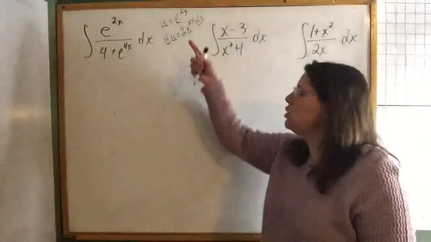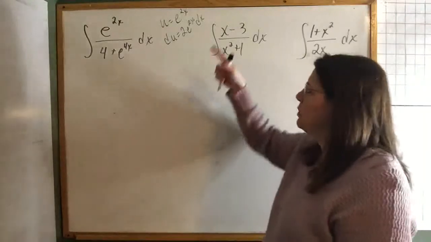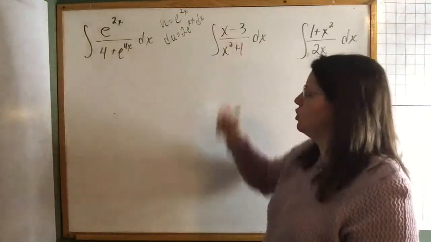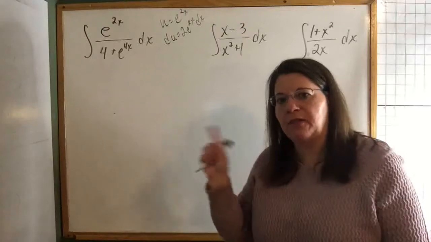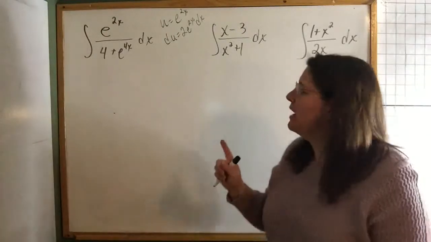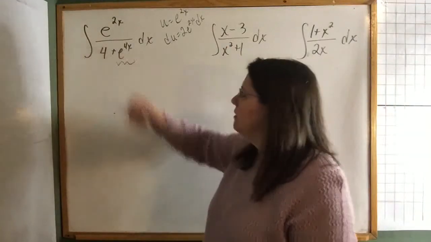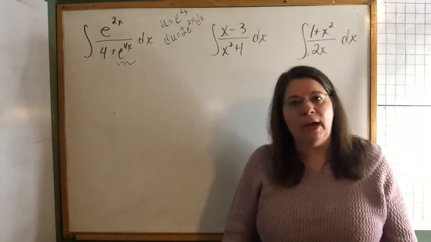I'm going to still let my u be e to the 2x, but I'm going to start thinking about this a little bit differently. If my u is e to the 2x, then my du is still 2e to the 2x dx, but I'm going to think about this as an inverse trig function. If I think about u being e to the 2x, well, wouldn't this right here, since it's e to the 4x, be u squared?